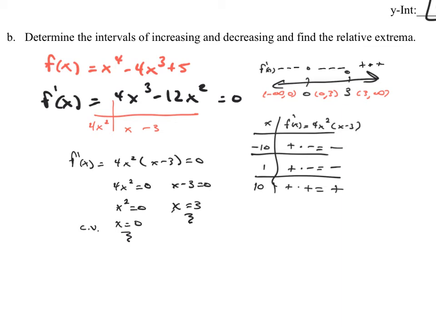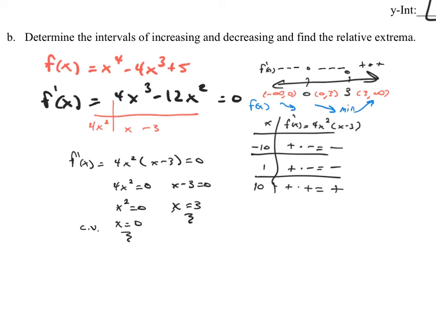Again, that's my first derivative, so let's consider the function. Anytime my derivative was negative, I was decreasing, and anytime my derivative was positive, I was increasing. At x equals 0, I do not change from increasing to decreasing or decreasing to increasing. My derivative stays the same sign. That means it's neither a max nor a min. However, at x equals 3, I do go from decreasing to increasing, which means that point has to be a minimum.